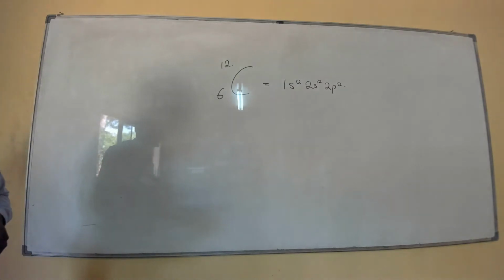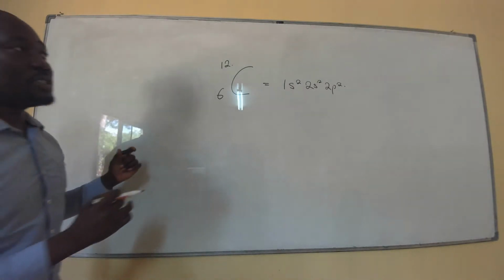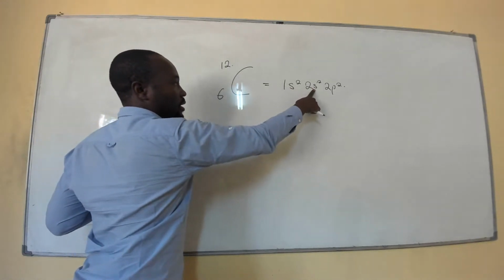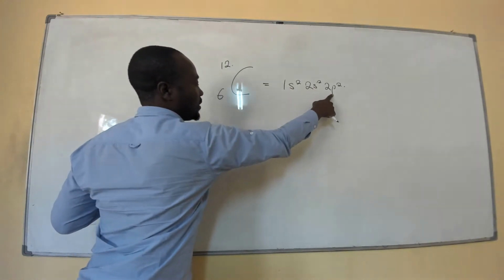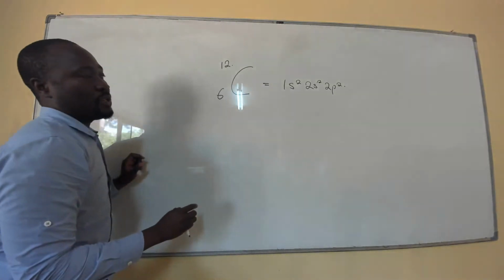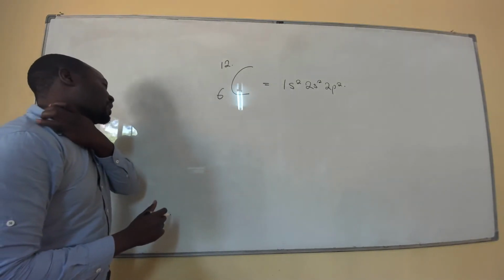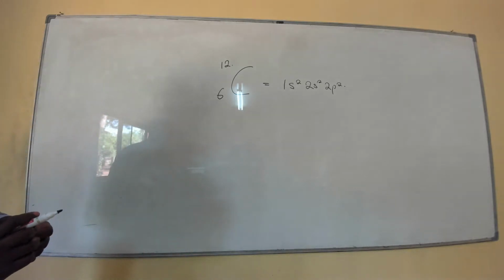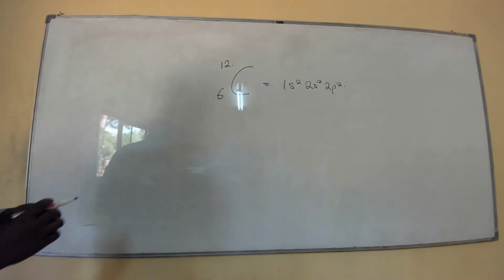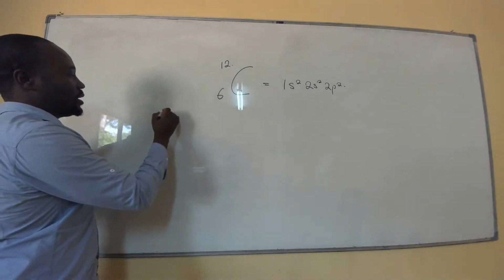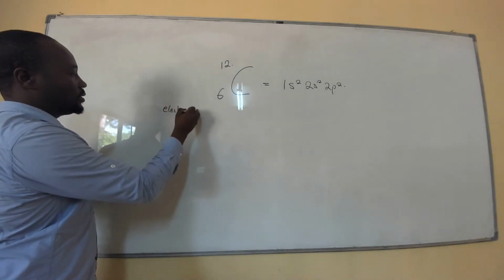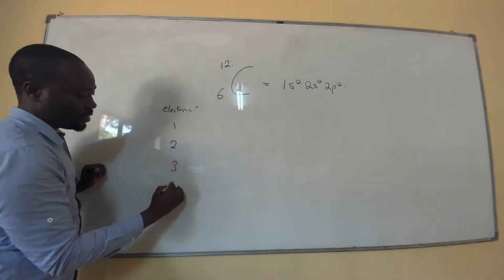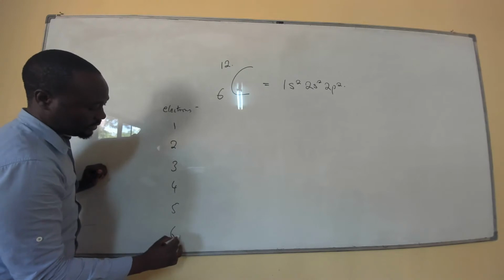So in short, carbon has 6 electrons, of which 2 go into the 1s, 2 into the 2s, and 2 into the 2p. Now, what are the quantum numbers for each of these electrons? So we can list them. There are 6 electrons: 1, 2, 3, 4, 5, 6.